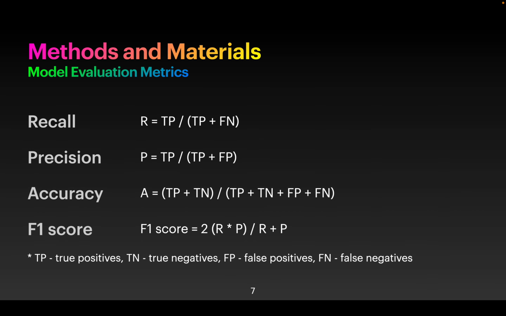A high accuracy rate indicates that the model effectively predicts both positive and negative cases and is defined as the ratio of the number of correct predictions to the total number of predictions and represents the proportion of cases that the model correctly classified. F1 score is the harmonic mean of precision and recall and is used to evaluate the overall performance of the model in correctly identifying positive instances while minimizing the number of false positives and false negatives.